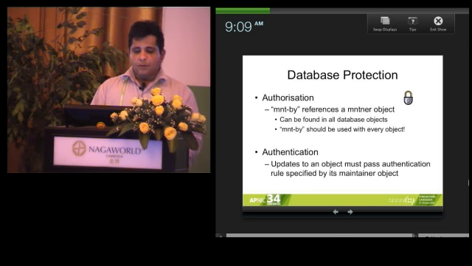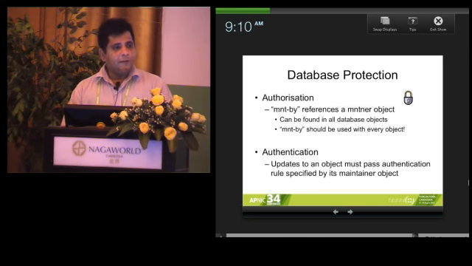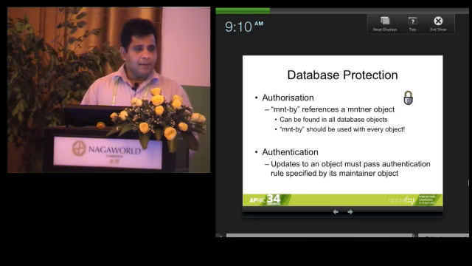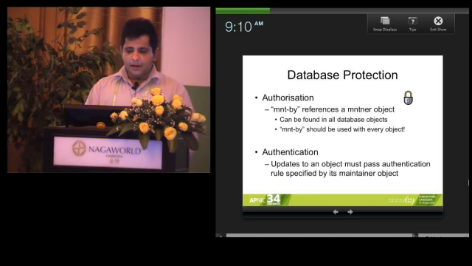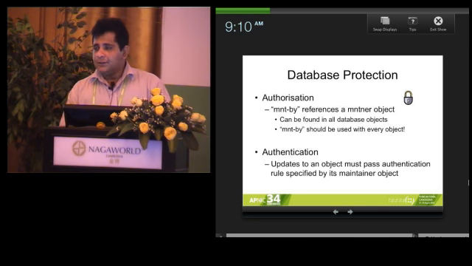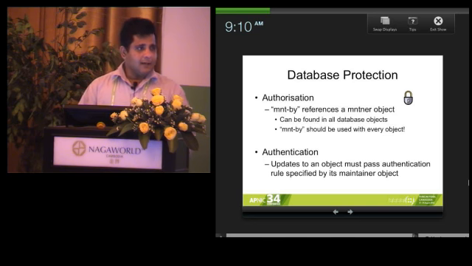In the case of authorization, we have an attribute called mnt-by, as shown in the slide. This is a reference to an object called the maintainer object, and it can be found in all the database objects.